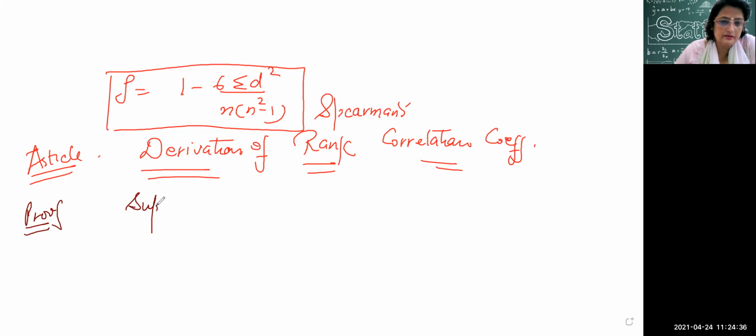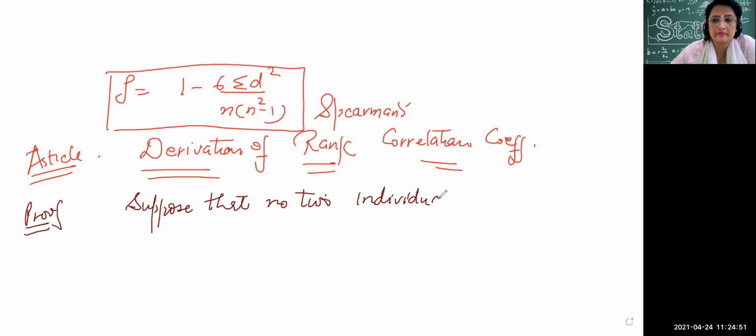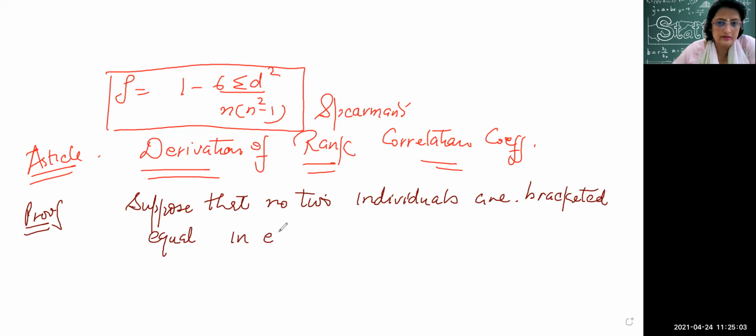Suppose that no two individuals are bracketed equal in either classification.